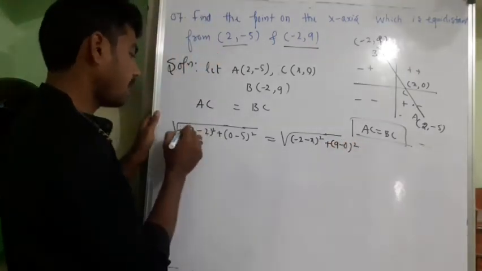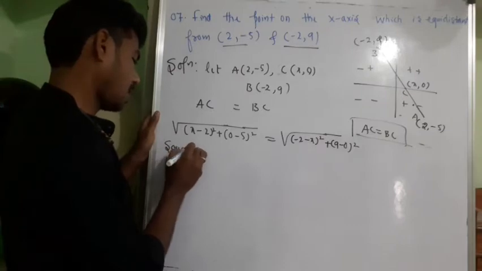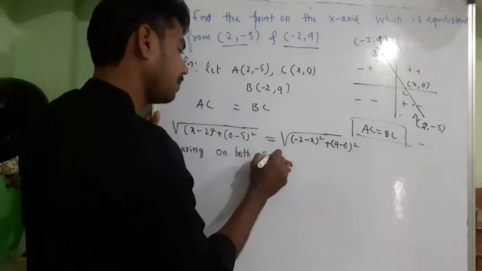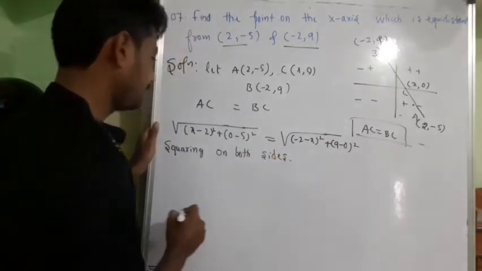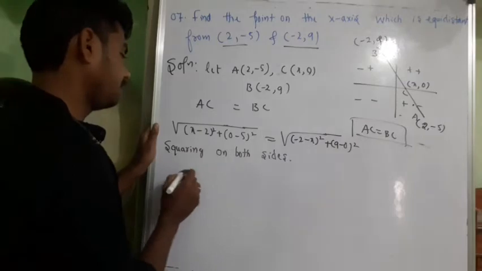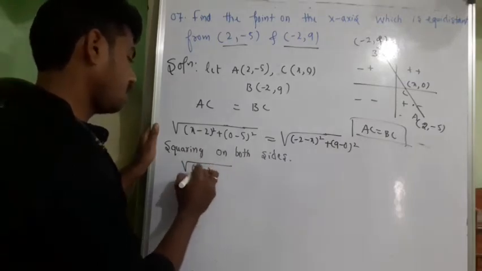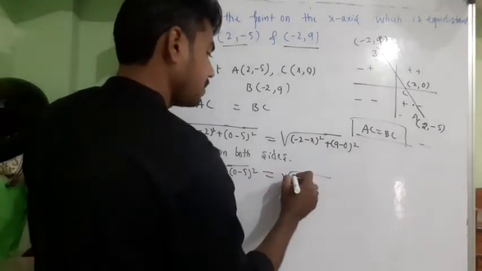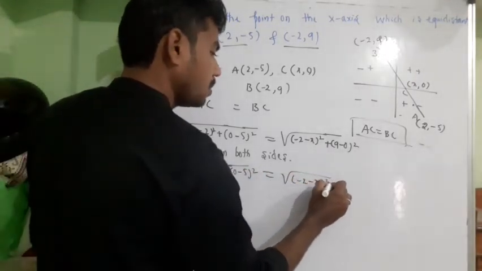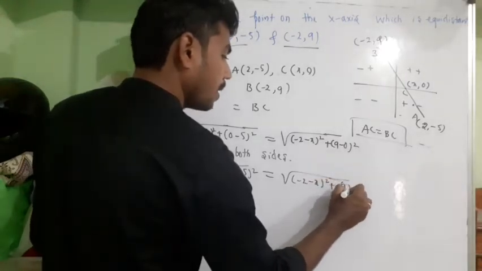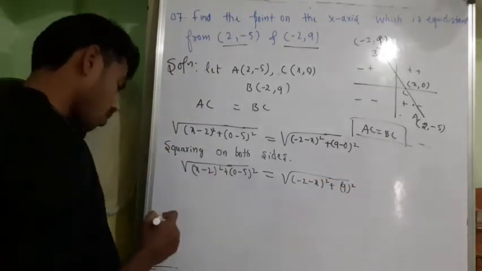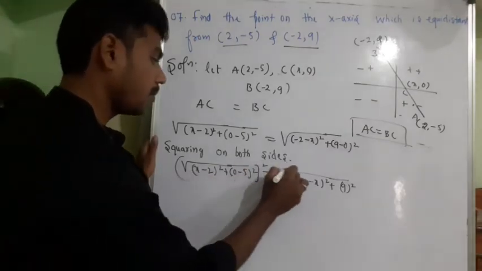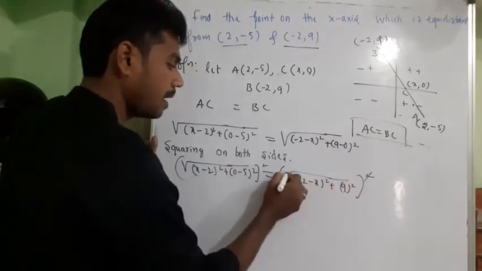Squaring on both sides, what are we going to get? (x minus 2) whole square plus (0 minus 5) whole square is equal to (minus 2 minus x) whole square plus 9 square. The square and square root will get cancelled.